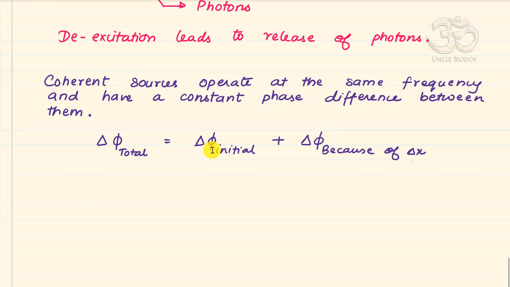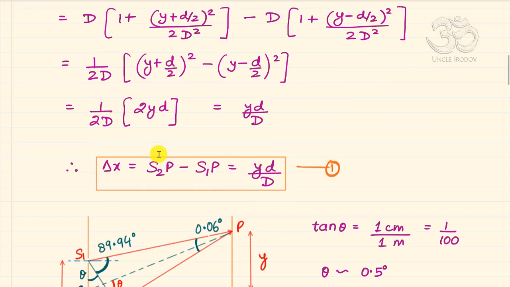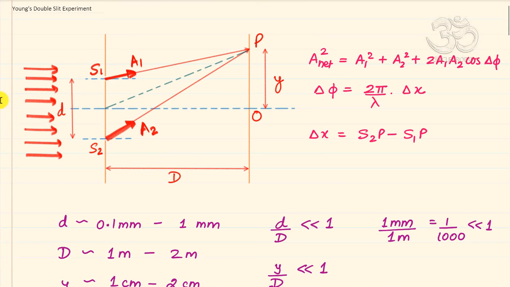And in the standard Young's experiment that we have seen here, where there was a plane wave coming in like this, the initial phase difference between S1 and S2 was 0. But that might not be the case always. So they may give you variations where there is a phase difference between S1 and S2 to start with, and then there is some more phase difference coming in because of the path difference.